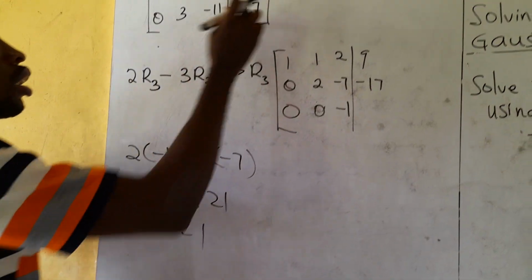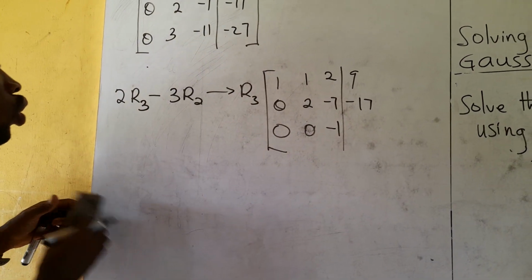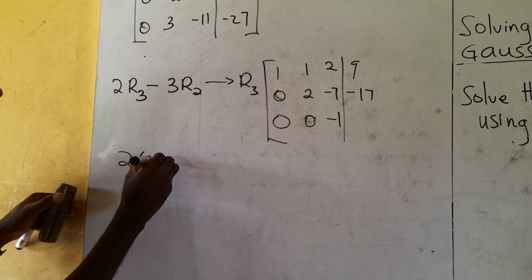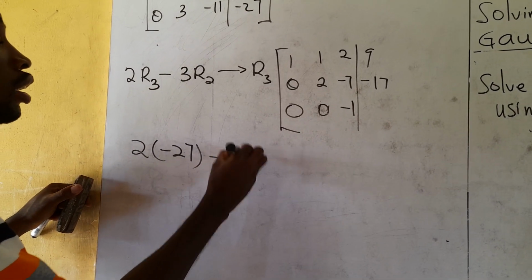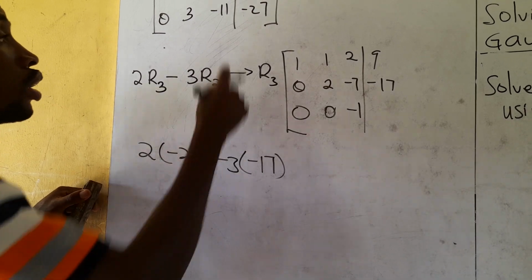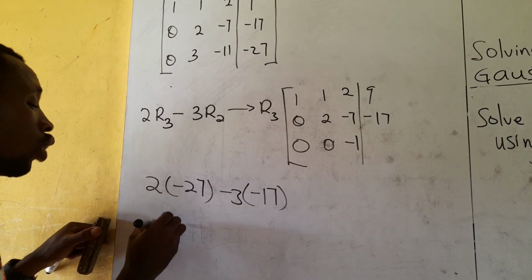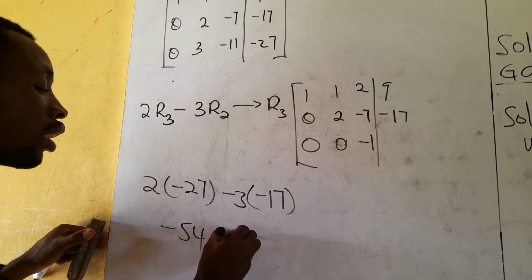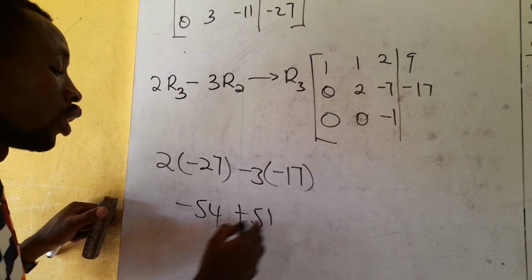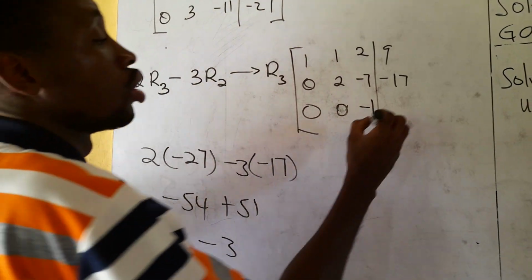Now for this, for that. So we have 2 times negative 27 minus 3 times negative 17. 2 times negative 27 will be negative 54. Negative 3 times negative 17 will be plus 51. Negative 54 plus 51 will be negative 3. So write there negative 3.